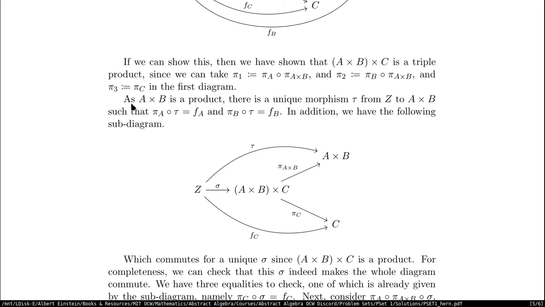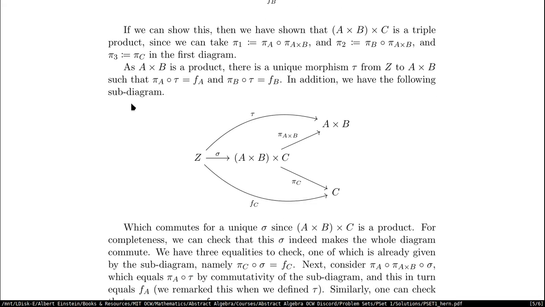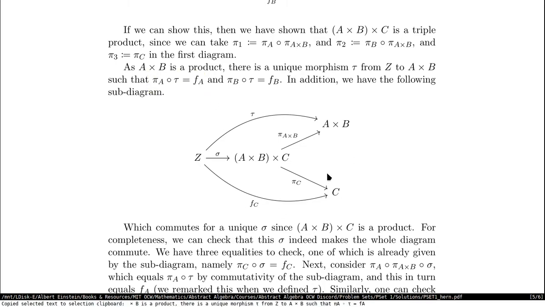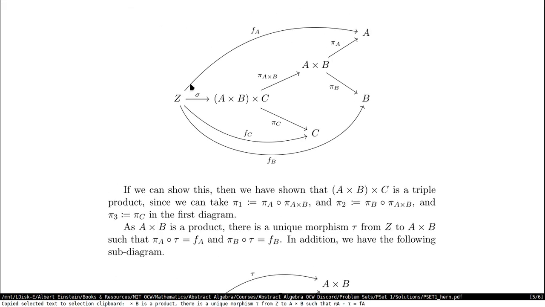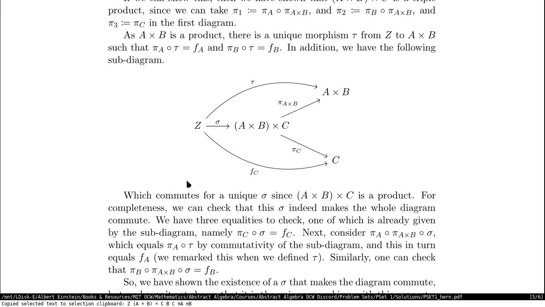Now he says as A cross B is a product, there is a unique morphism tau from Z to A cross B such that you get FA from pi A and tau. Tau goes from Z to A cross B. And the same for B.